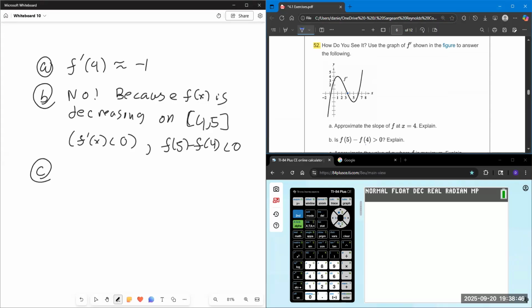So there appears to be a maximum of f of x at x equals approximately 3.5.